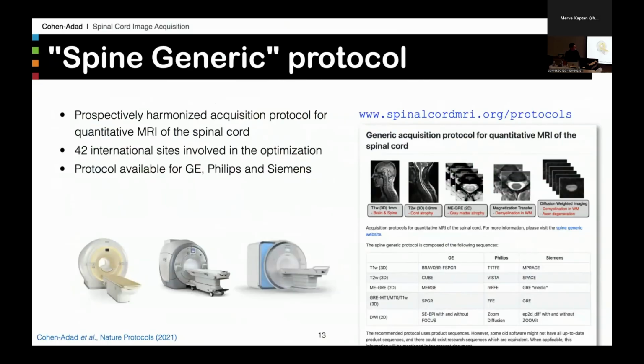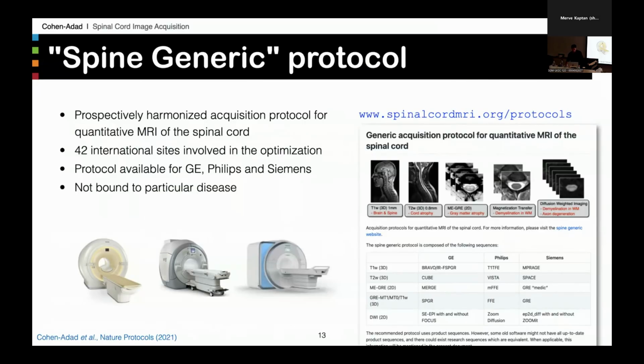I had access within, I would say, a 20-meter diameter to 3 different 3T scanners from 3 brands: GE, Philips, and Siemens. And the Canon scanner was not too far. So it really pushed me to start setting up some generic protocol that could be used across scanners.